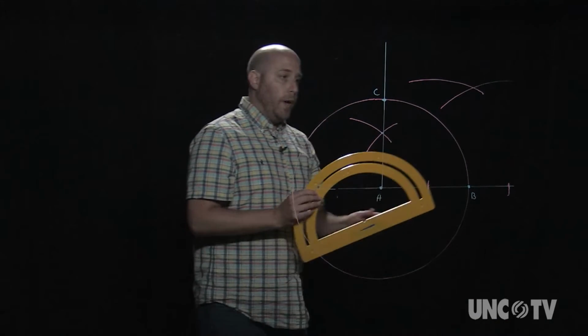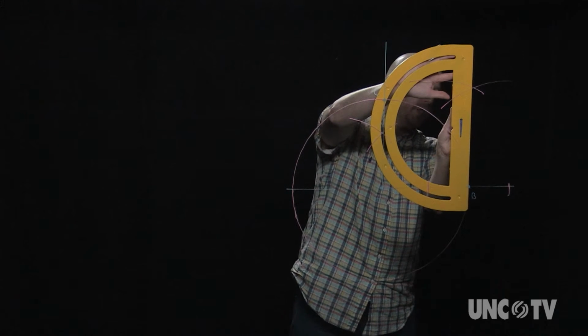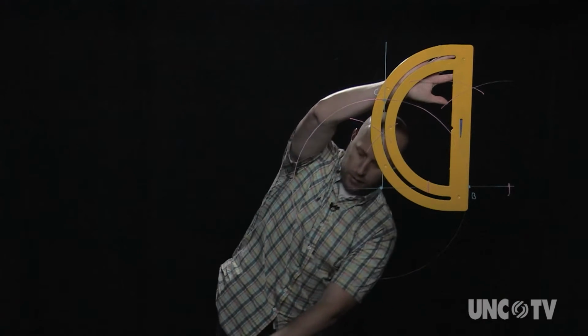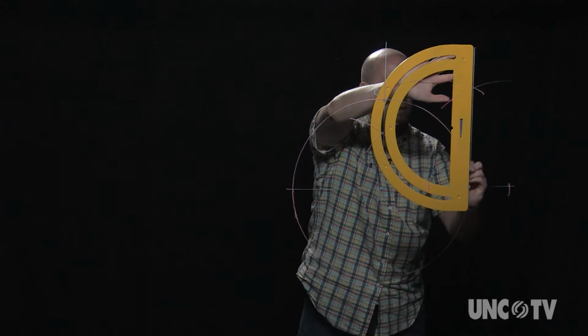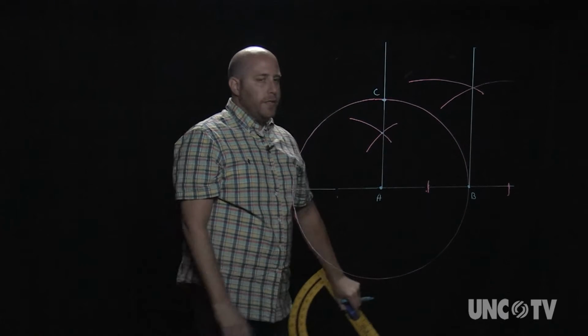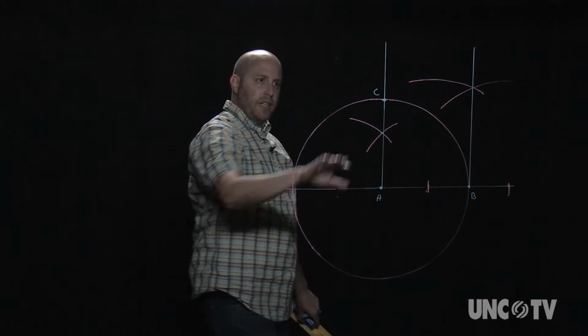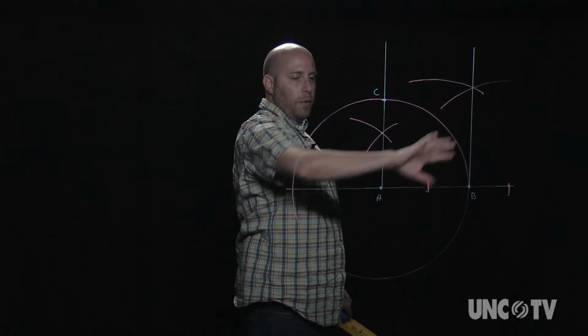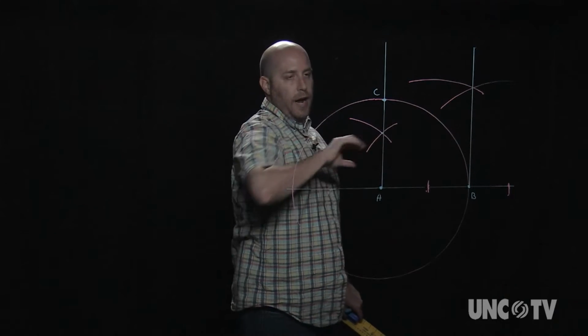I will take my straight edge and draw a line from the intersection to point B. Notice that we don't know how long to make that line exactly. We can estimate it being in here somewhere, but we don't want to do that. We need 4 congruent sides.